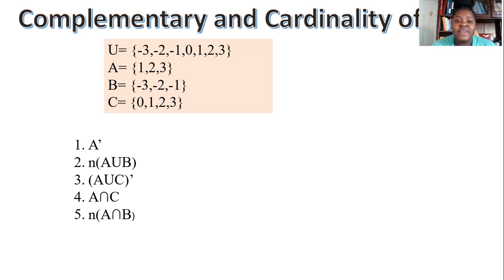Number 4 asks us to find A intersect C, which is the elements that are common in set A and C. And number 5 asks us to find the cardinality of A intersect B, which is the number of elements that are common in set A and set B.